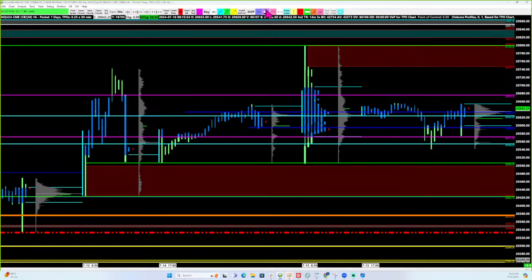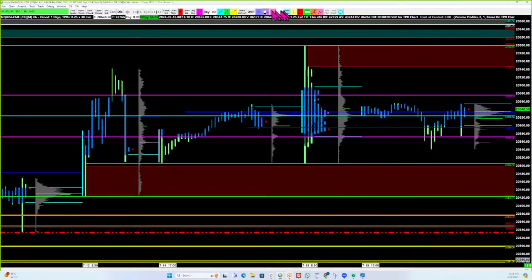Down a little bit. And then this goes away. More single prints, a whole world of single prints down there. And Globex low and Globex high.